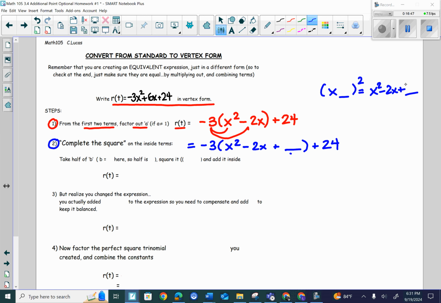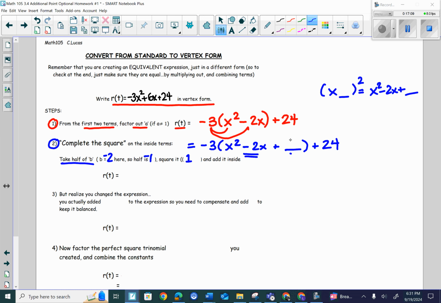Okay? And here's how you can manage that. In order to figure that out, you take half of b. B here would be -2. So half is -1. We square it, we get 1.